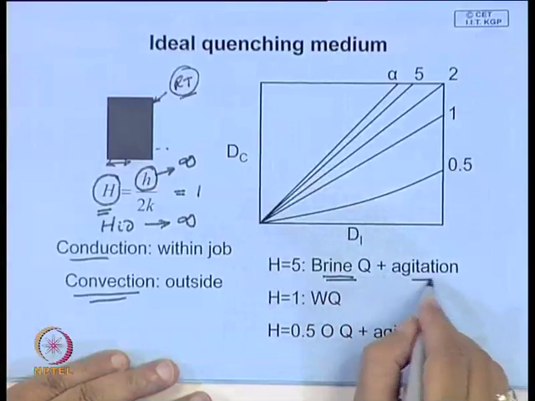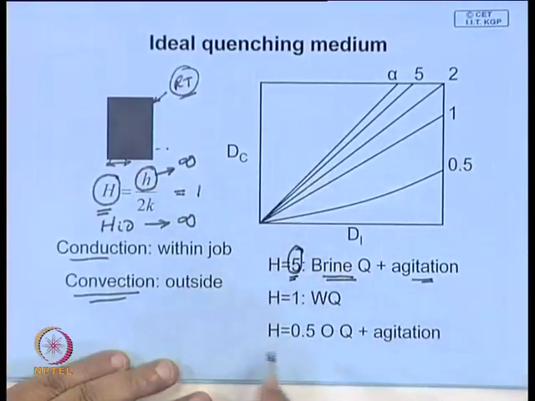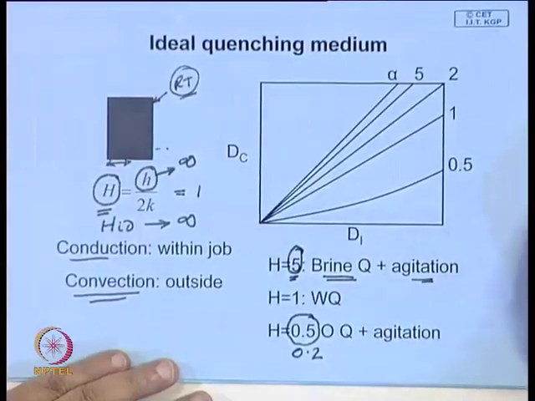So, brine quench with agitation has a quenching severity of 5, whereas an oil quench without agitation will be much less severe, maybe 0.2. So, this is how it is possible to define it. Grossman introduced the concept of quenching severity, but there are a lot of later developments. If you have time, we will look at that, but a little later.